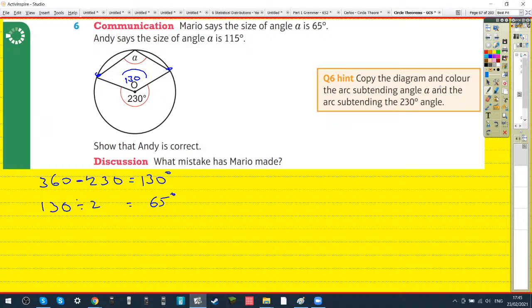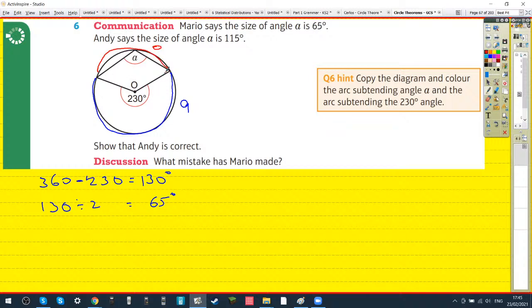Andy says the size of angle A is 115. Andy is correct. I thought Andy said it was 65. So actually, let's see. It was supposed to be, yeah, because they weren't on the same arc. This one here is on this arc. So that's the arc that A is on. Whereas O is on that arc.